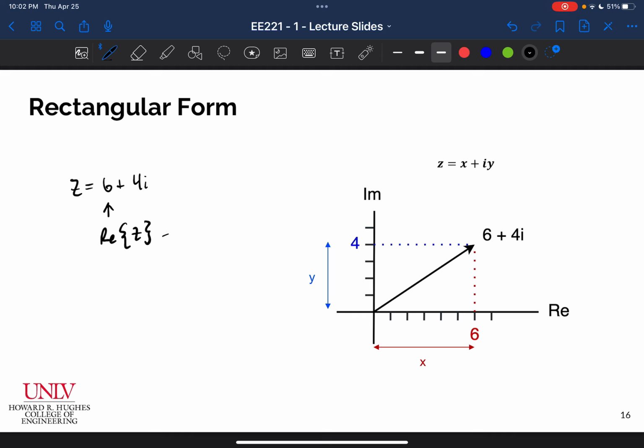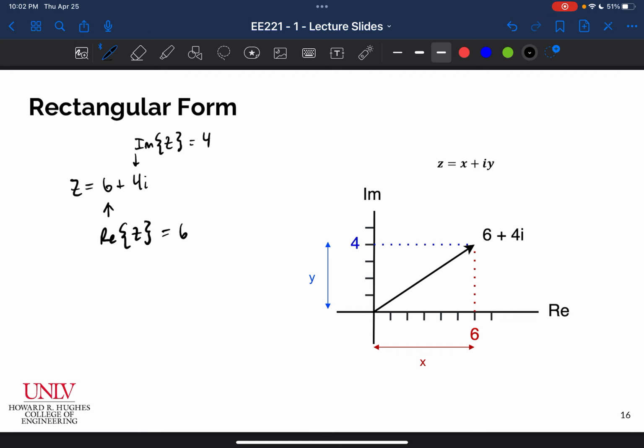The real part of z is equal to 6. And then the imaginary part of z is equal to 4. It's important to note that the imaginary part of z is not 4i. Rather, the imaginary part is the part that is multiplied by the i, okay?